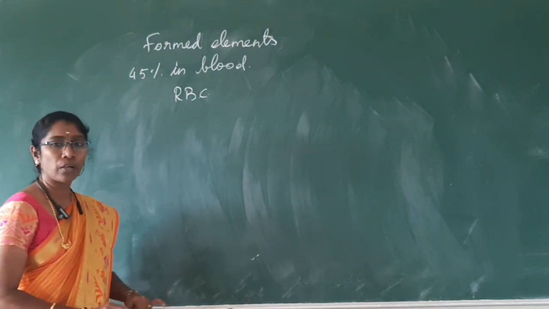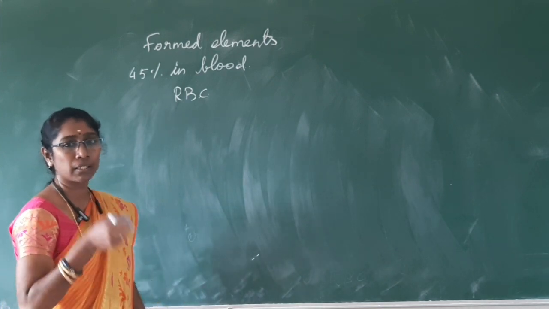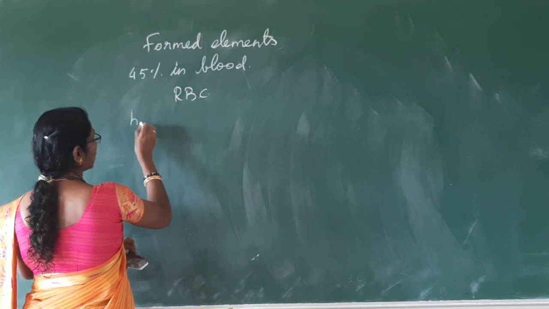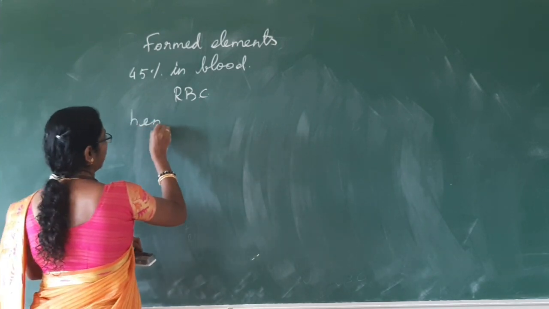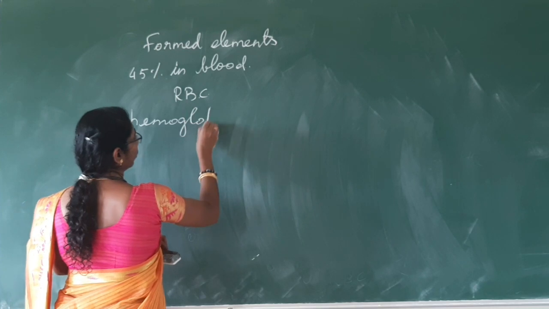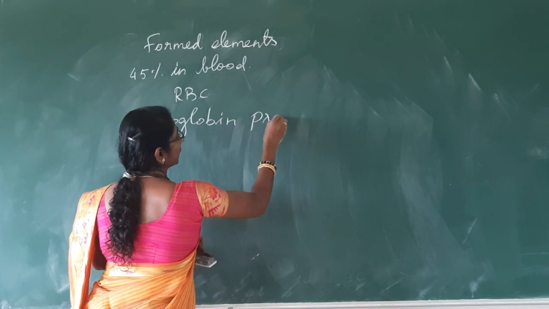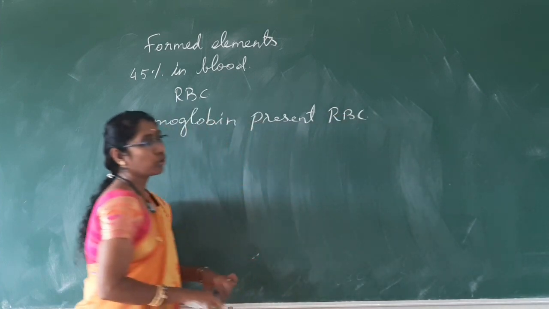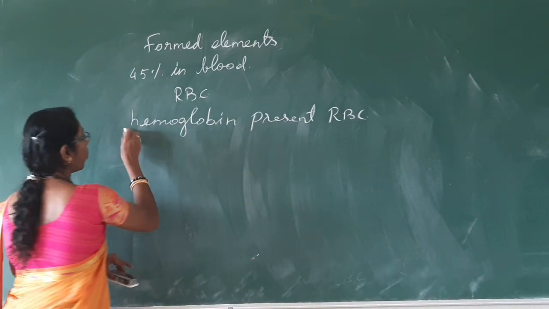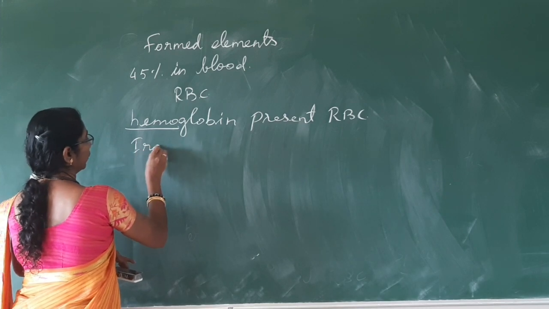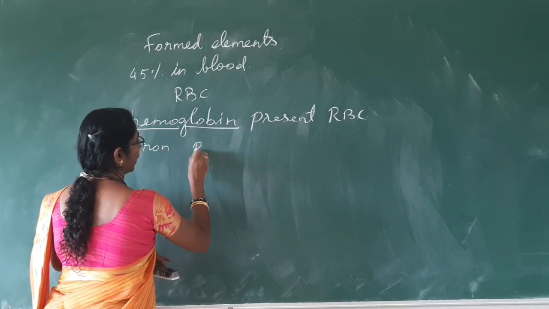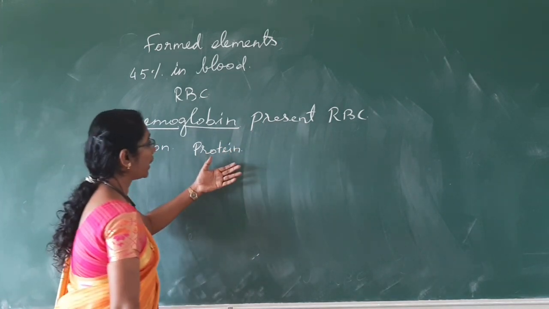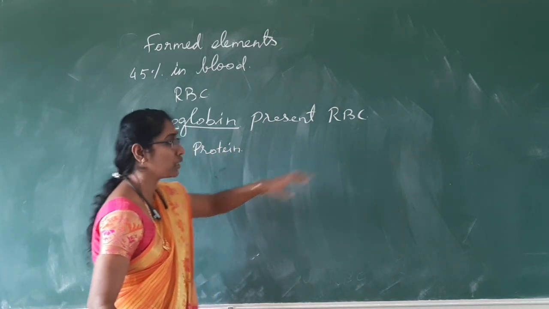Now we are going to see a special unique character found in RBC. The unique thing found in RBC is hemoglobin. So what is this hemoglobin? Hemo means iron, globin means protein. A kind of protein present in RBC.